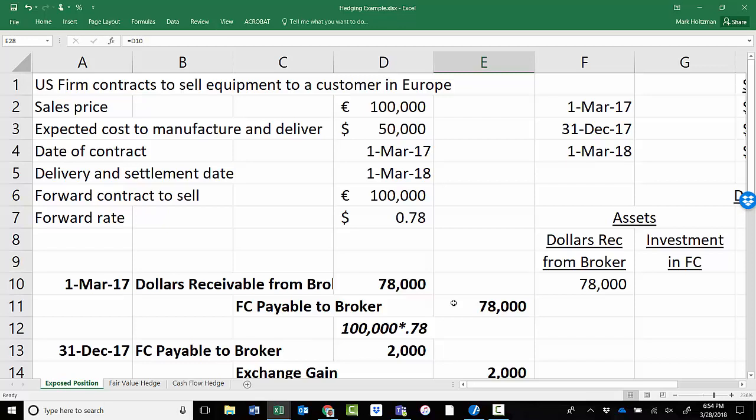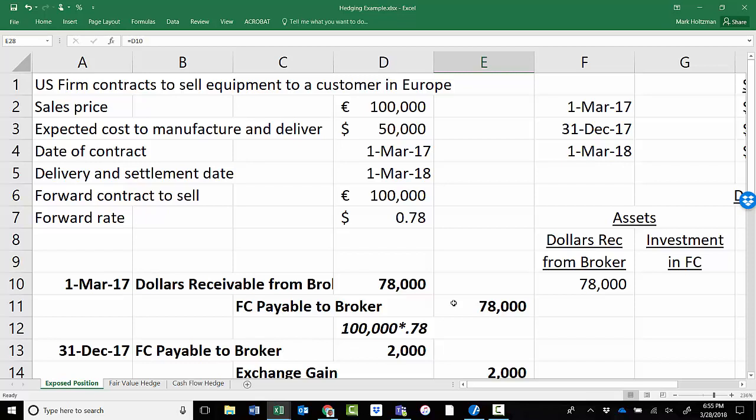So the company is concerned that the value of the euro is going to change. Let's say that the euro becomes worth less. That means they would get less US dollars, and therefore they would make less money.